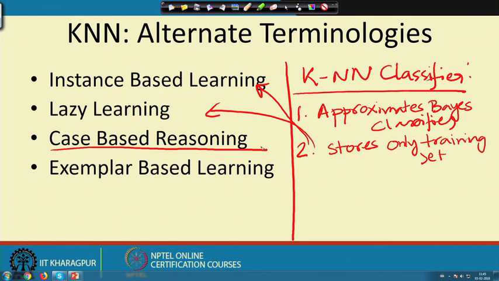KNN needs a choice of k, which is an open problem.